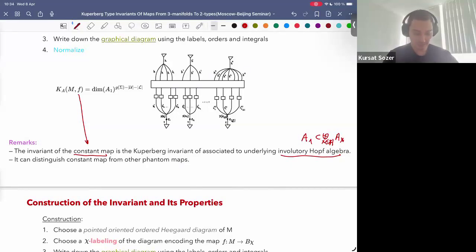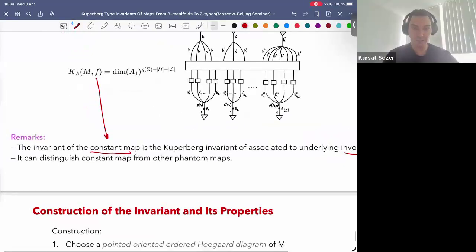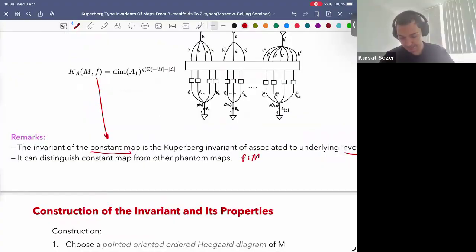And we show that this invariant is not a trivial one. In fact, it can distinguish what are called phantom maps. So it is stronger than the pi map. A map F from M to B chi is phantom if pi 0 F, pi 1 F, pi 2 F, right?